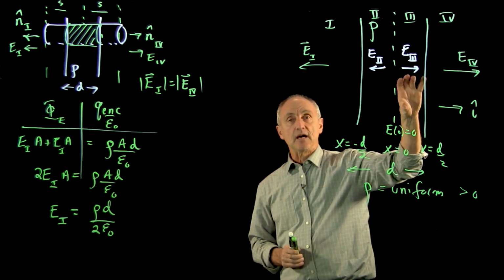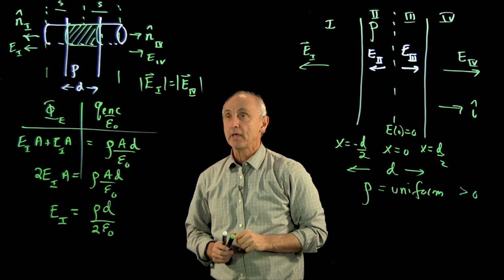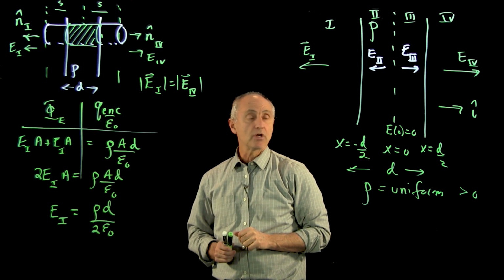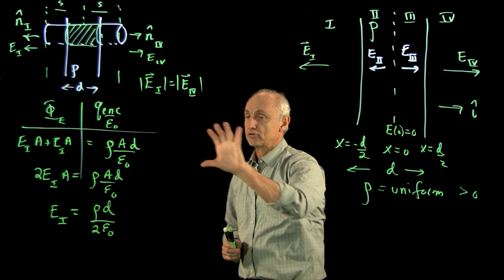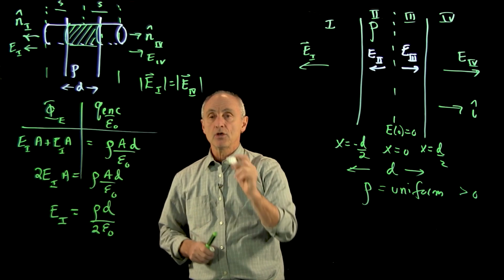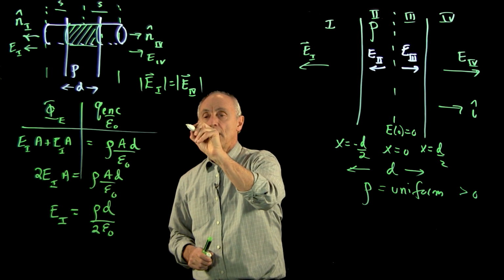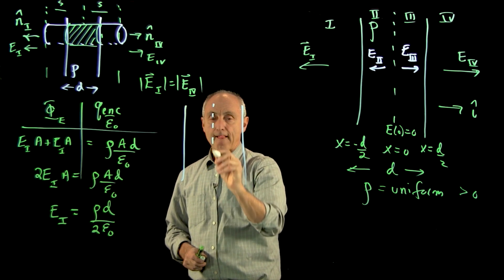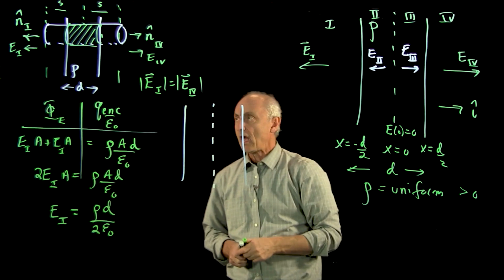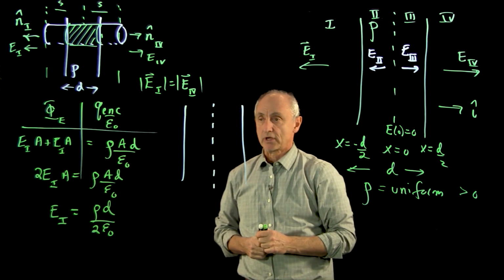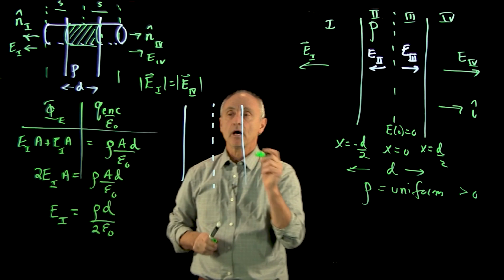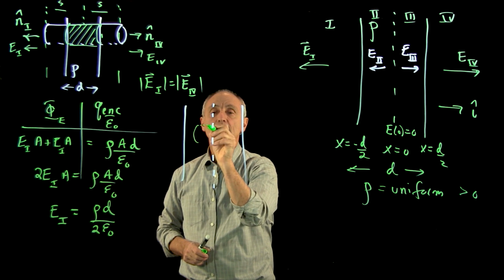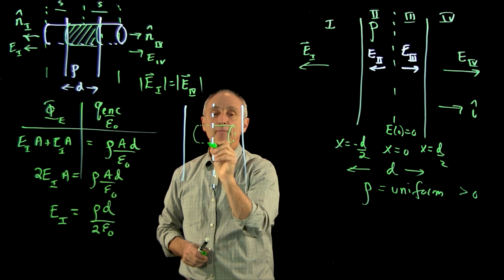Now, what about inside? Well, that's a little bit trickier. And what we'd like to do is now draw another Gaussian surface for the region inside. And I'll try to show that over here. So inside, I'll draw my slab. And now I could do the same type of symmetric Gaussian surface as I did before, but I'll make it inside the slab.